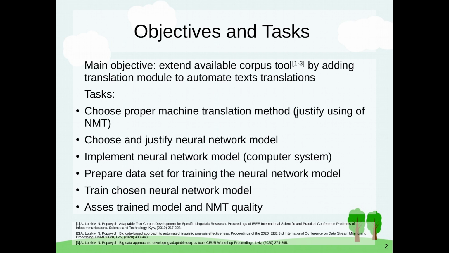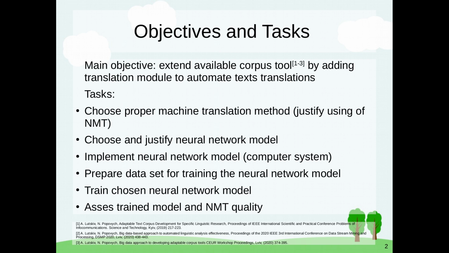It is evident that nowadays the most efficient way to implement machine translation is the neural machine translation method, but this method also should be justified and compared with other methods. The neural network model, especially the architecture of the neural network model, should be chosen and justified.